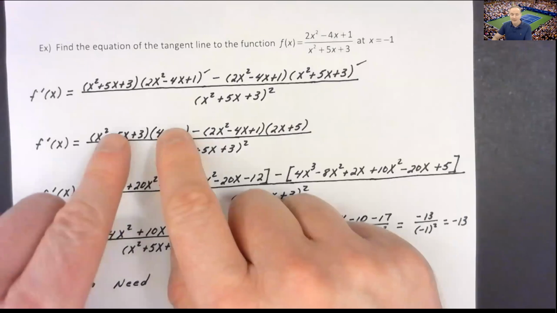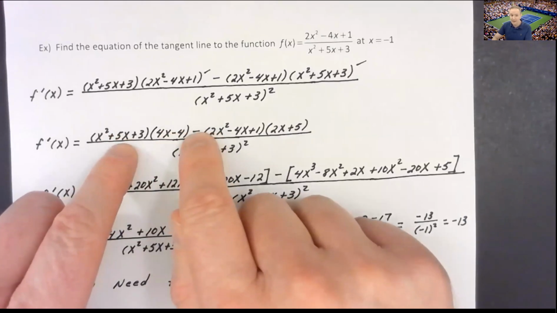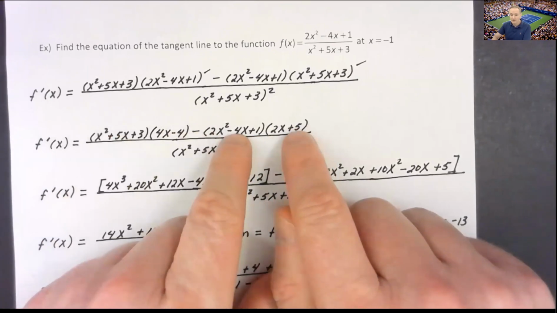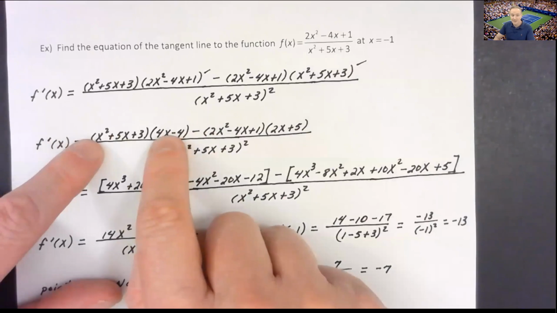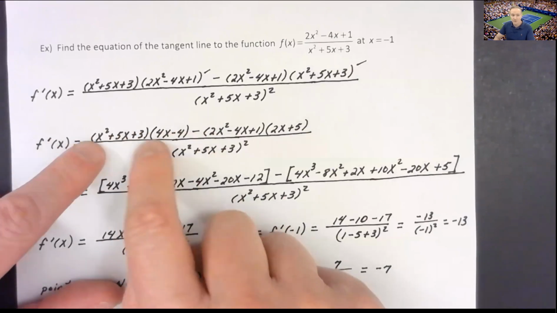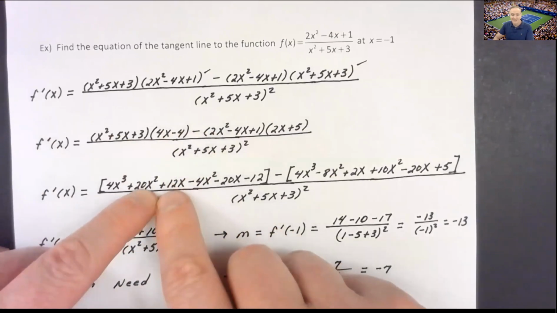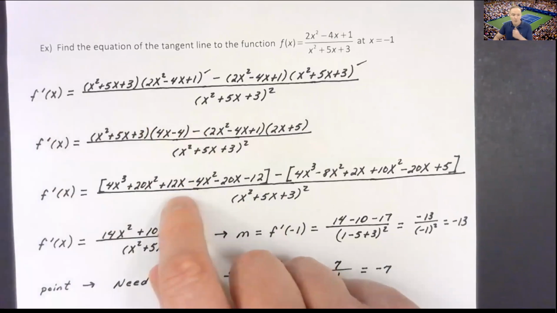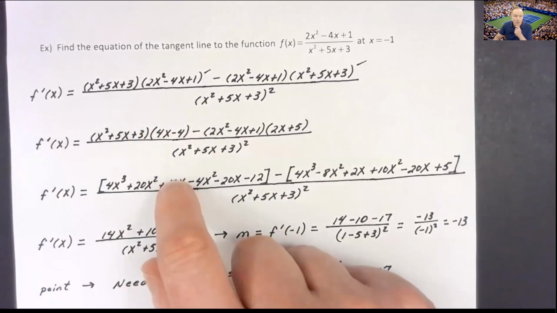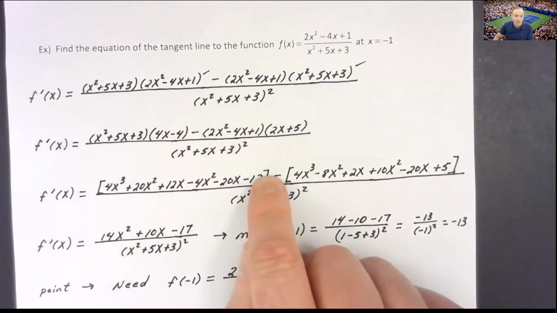and you got to say, well, I need to take this entire first product and make sure I subtract the product of these two. So I went in and I showed my work here. First thing I did is I distributed 4x through this first group, and I got the 4x to the third plus 20x squared, and then minus, or sorry, I put the minus 12 at the very end.